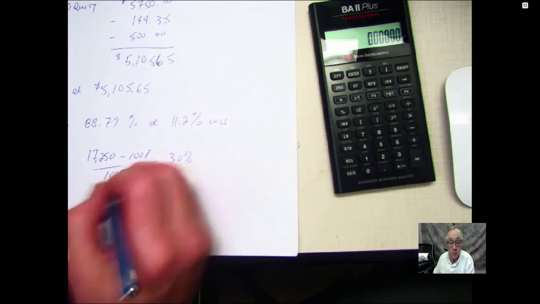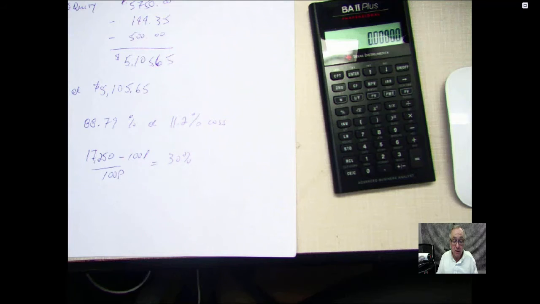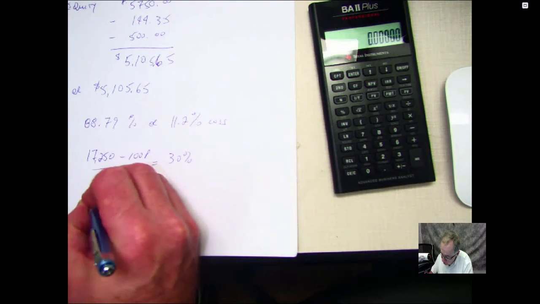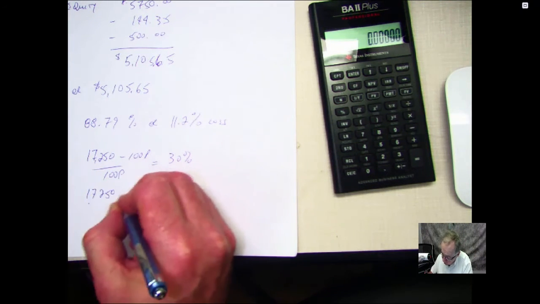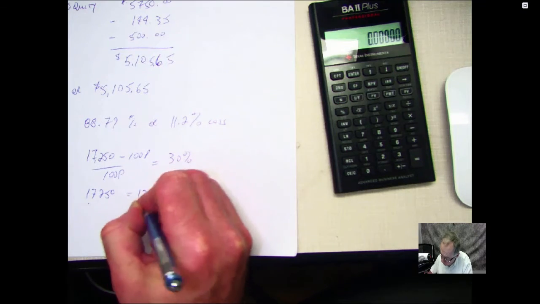That was our original position, and that simplified to 17,250 equals 130p.